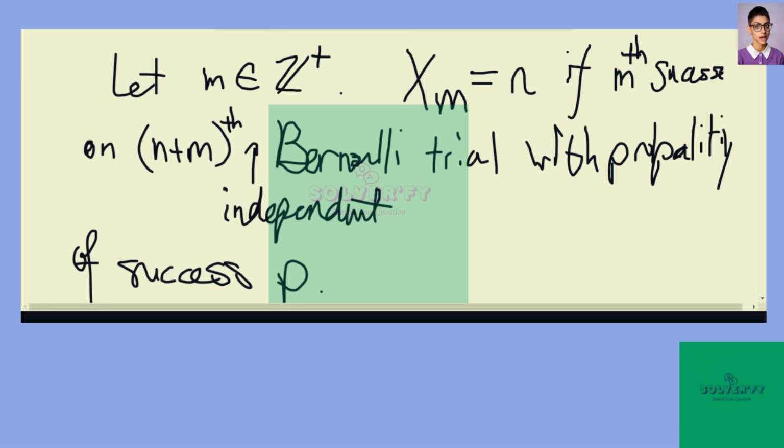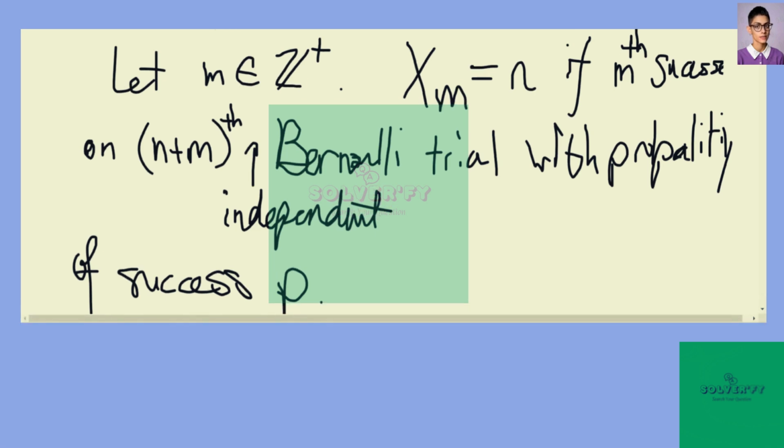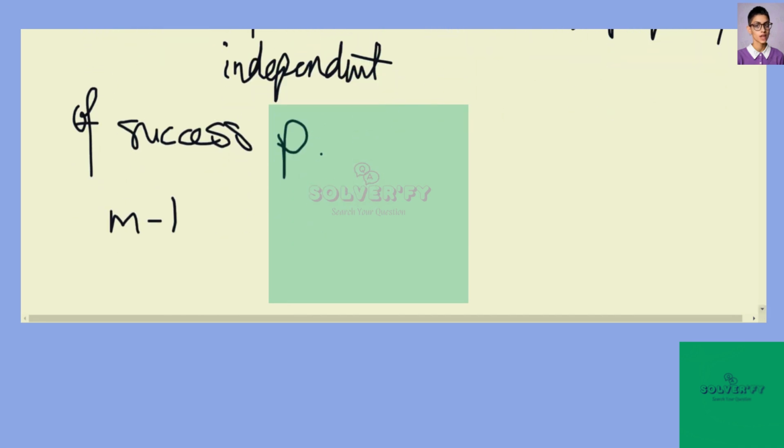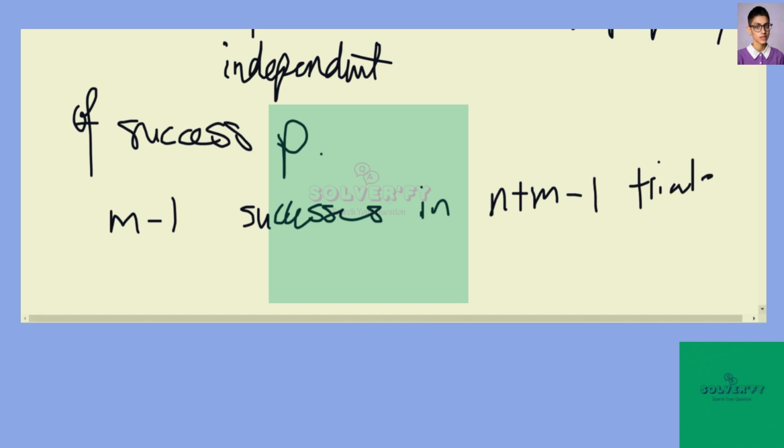Notice that if the mth success occurs on the (k plus m)th trial, this implies there are m minus 1 successes in k plus m minus 1 trials, and there's a success on the (k plus m)th trial.